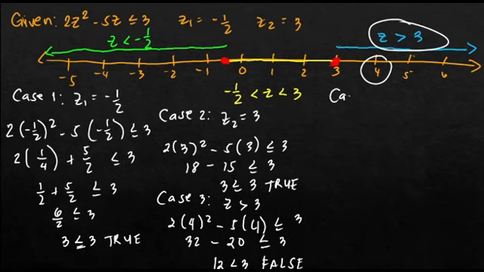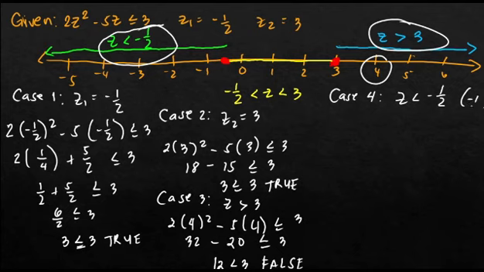Let's proceed with case 4. Ito naman, z is less than negative 1/2. So, ang sakop nito ay pababa ng negative 5. So, ang gamitin na lang natin dito ay negative 1, pinakamaliit.